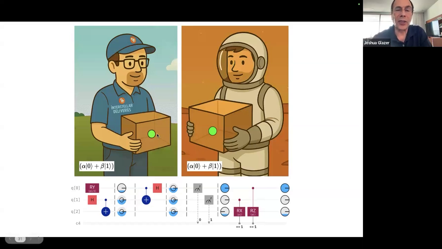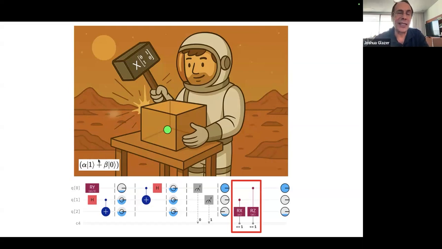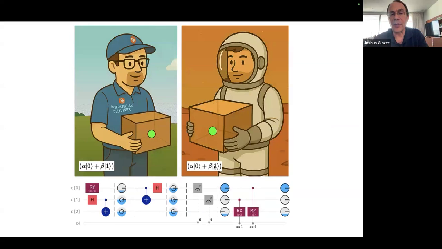So if the original qubit, the green one, was alpha 0 plus beta 1, what happened is he recovered the alpha and the beta. Now, please see that before that, he really had something wrong. He had alpha times 1 plus beta times 0, which is similar, but remember the original one was 0 here and 1 here. But the minute he did the X operation, it really became the right one.